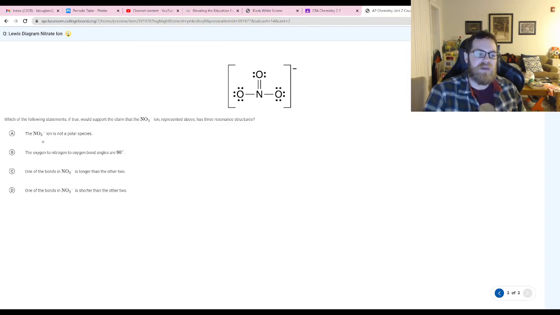The one that does make sense is NO3 as a non-polar species. If something is non-polar, that means all of the bonds are the same. In order for all the bonds to be the same, when we see one double and 2 singles, we must have resonance with every bond, with the double bond being able to be on any of these 3. So it would be A.